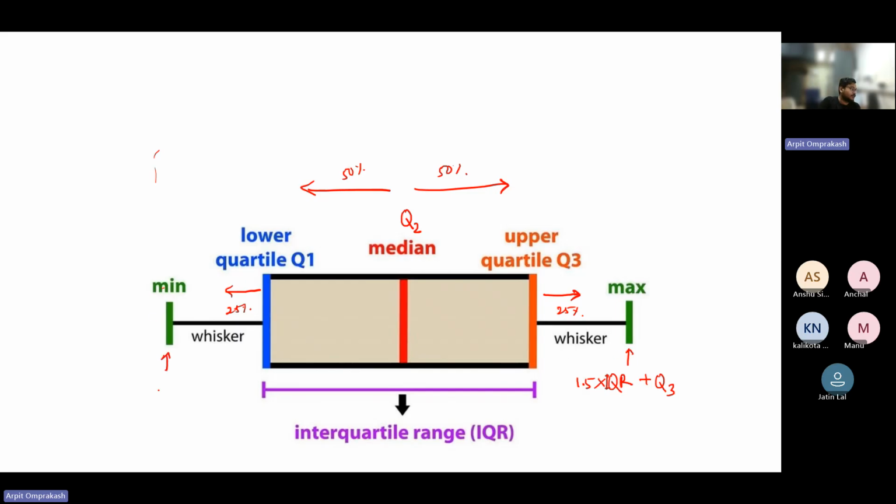And this here will be Q1 minus 1.5 times IQR. And we know that the IQR is nothing but Q3 minus Q1. Right. So if there are data points which are lower than this value, then we represent them as X or points below.